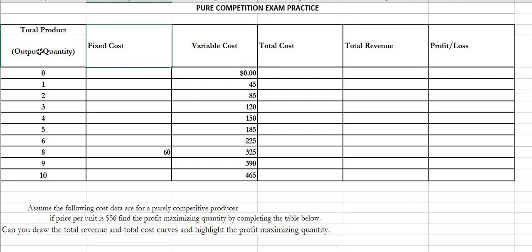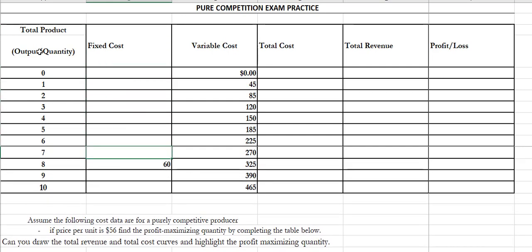What do you remember about fixed costs? Was there a particular characteristic? We said they don't change with output. So no matter the output level, these costs will not change. Look at output level 8. Do you see it? I'm going to highlight it.